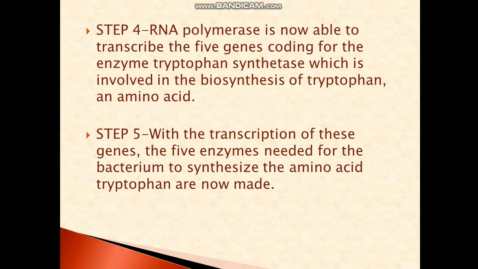In the next step, I will tell you what happens when the tryptophan has been formed. It will not be stopped as soon as the tryptophan is synthesized. Only when tryptophan is synthesized in excess will it go to the repressor to stop the synthesis of tryptophan synthetase.